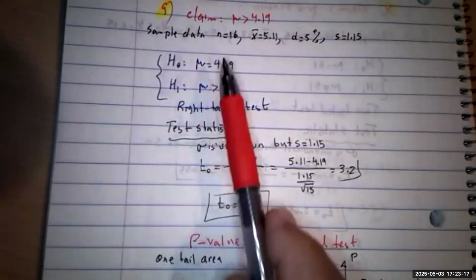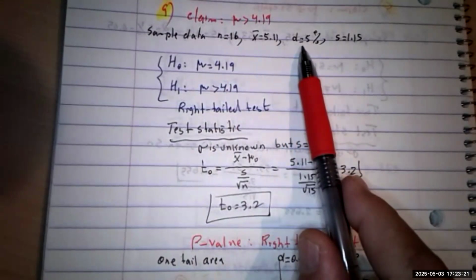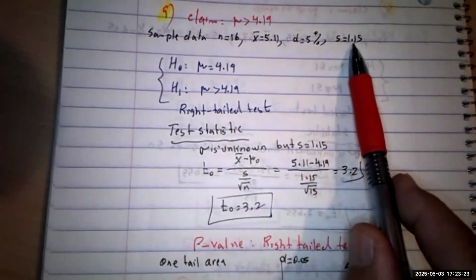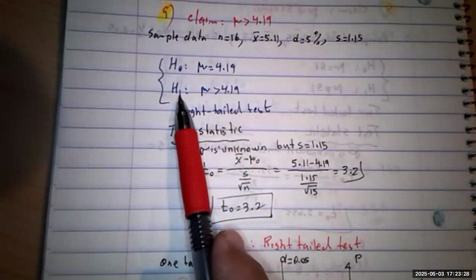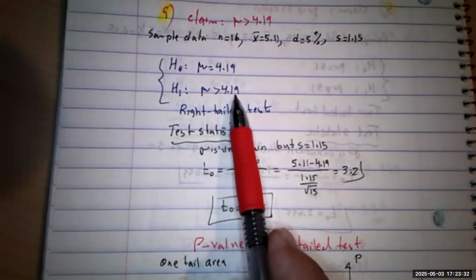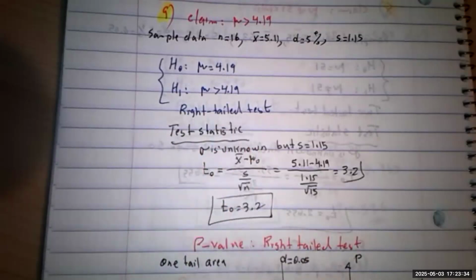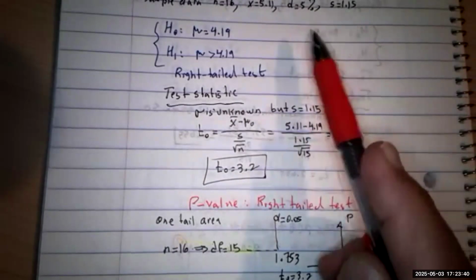Data information: n is 16, x bar is 5.11. These are all given. And we want to check it against the alpha. We set up the test, mu naught equal to 4.19. Remember, they want to check if it's greater than. So it's going to be a one-tail test, a right-tail test. Test stat: since S is given, we have to use the T.